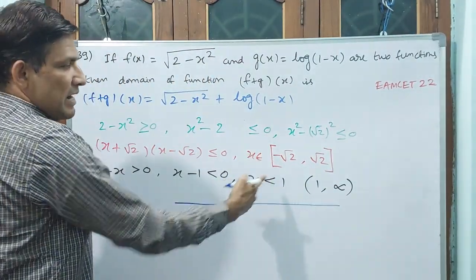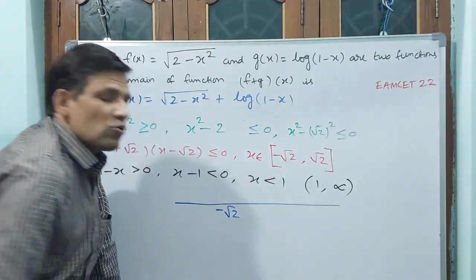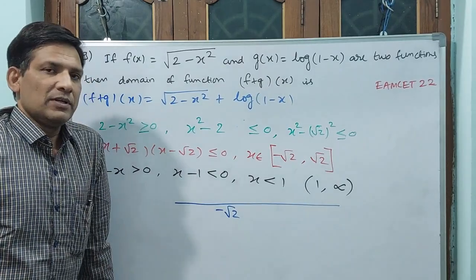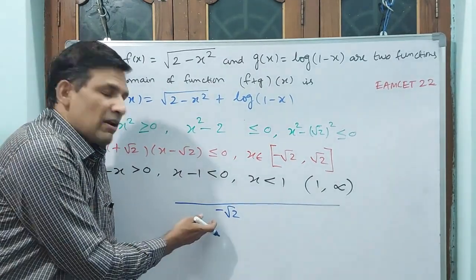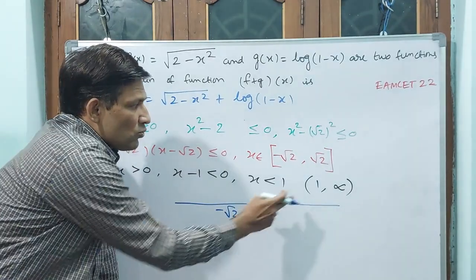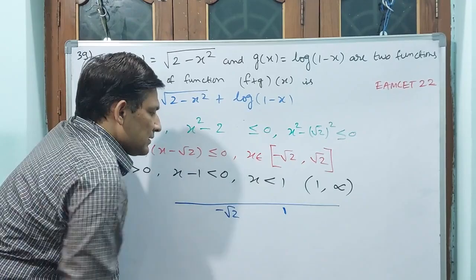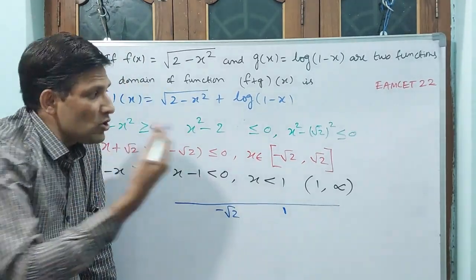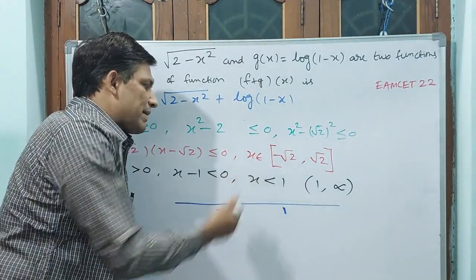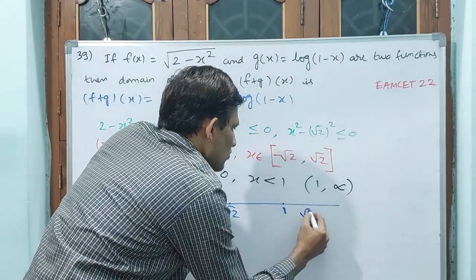Okay, see, first minus root 2 is there. We know very well the minus root 2 value or plus root 2 value. Root 2 value is 1.414. Minus 1.414, plus 1.414. After minus root 2, you take plus 1. After 1 only you have to take plus root 2. Why? Because plus root 2 is greater than 1. That is 1.414. Plus root 2.